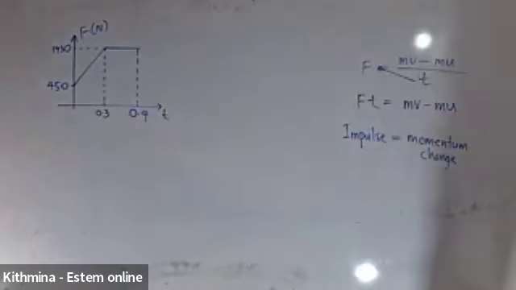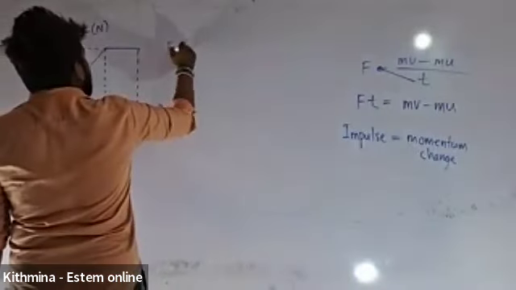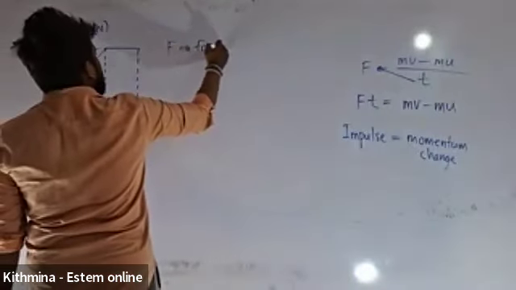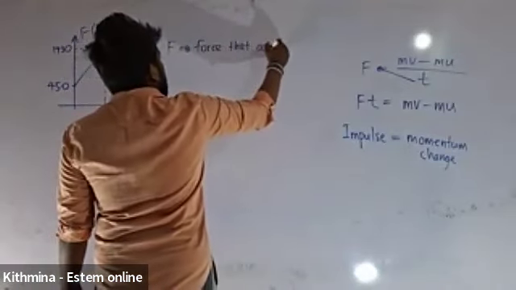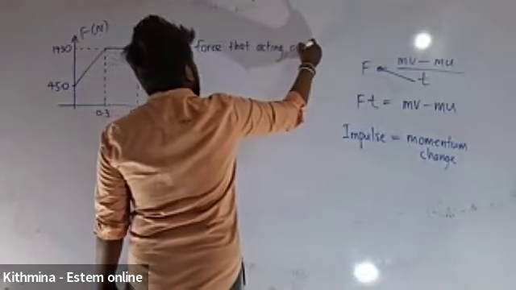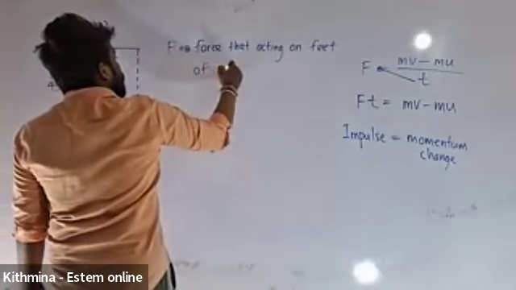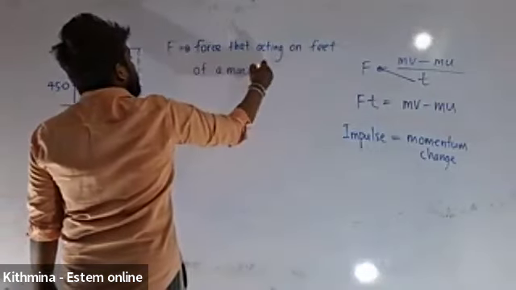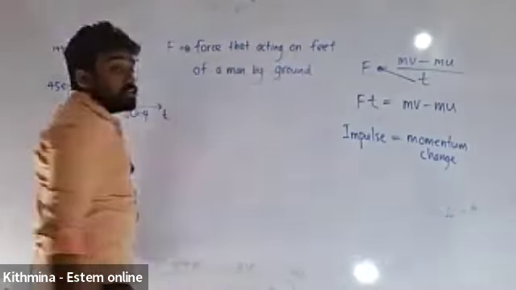Now, this F is the force acting on the feet of a man, body, ground. He is trying to jump.